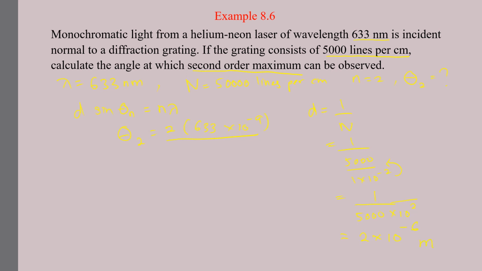Okay, then we substitute d here. So theta 2 is equal to 39.3 degree. Okay, done.